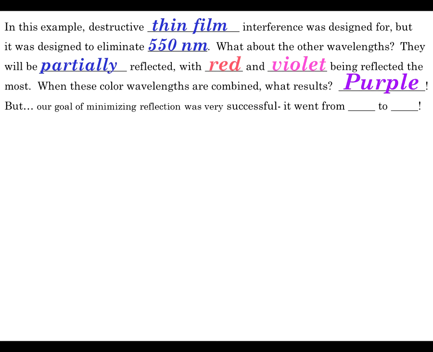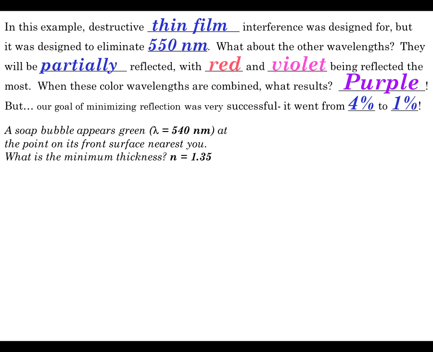And that's because that is actually the wavelength that most constructively interferes as a result of the reflections, because it's the combination of red and violet. That makes sense? But in any case, we wanted to minimize the reflection, and it was quite successful because it went from maybe 4% to about 1%. And that's not a bad reduction in the amount of reflection.